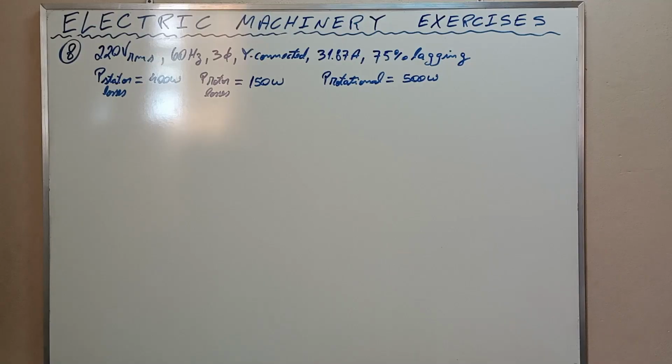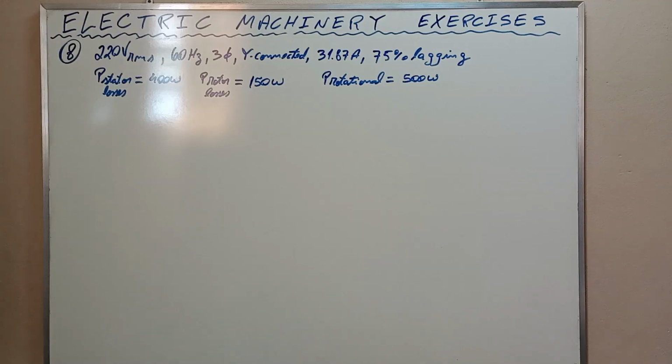For all three phases, the total stator copper losses are 400 watts and the total rotor copper losses are 150 watts. The rotational losses are 500 watts. With this data, find the power crossing the air gap, PAG, the developed power, PDEV, the output power, Pout, and the efficiency. Okay, my friends, this is the exercise.